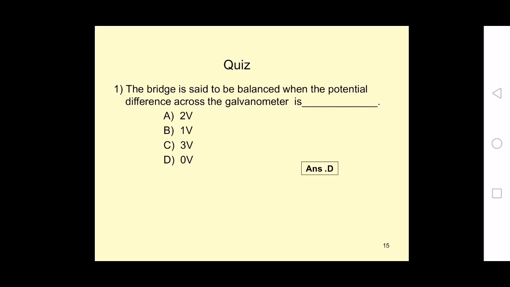Then by using these two equations and simplifying, you get R1 R4 equal to R2 R3. Then R4 is Rx, the unknown resistance, so Rx will be R2 R3 by R1, where R3 is the standard arm of the bridge and resistors R2 and R1 are called the ratio arms.